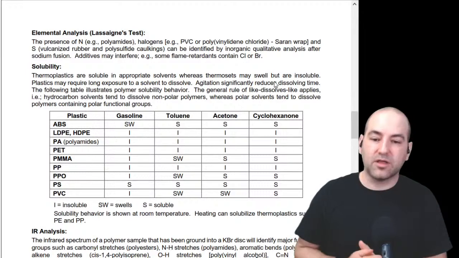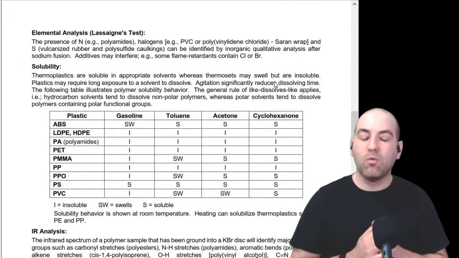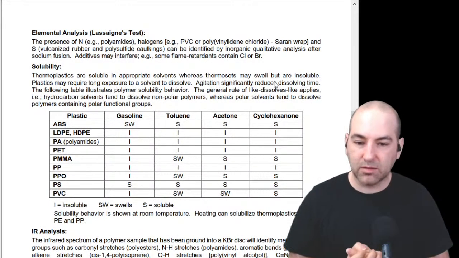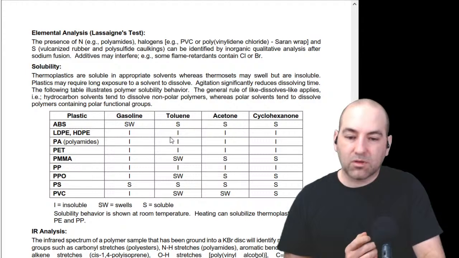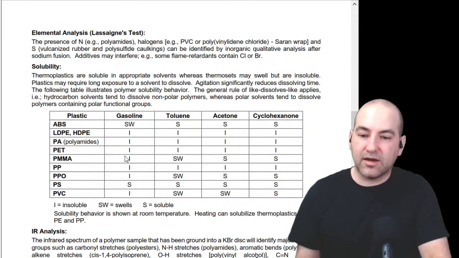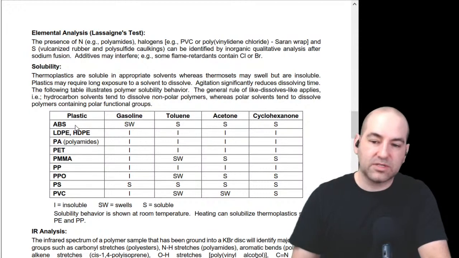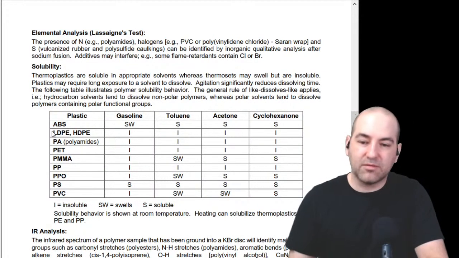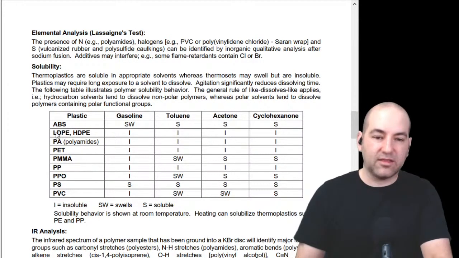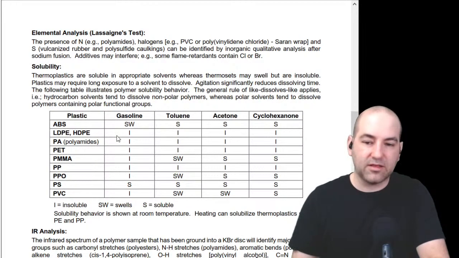Or solubility, here's another example. So here's a table that tells you what different polymers are soluble in. So let's say I'm looking at polyethylene versus ABS, which is Legos plastic. So LDPE, HDPE, that's low density polyethylene, high density polyethylene, right?